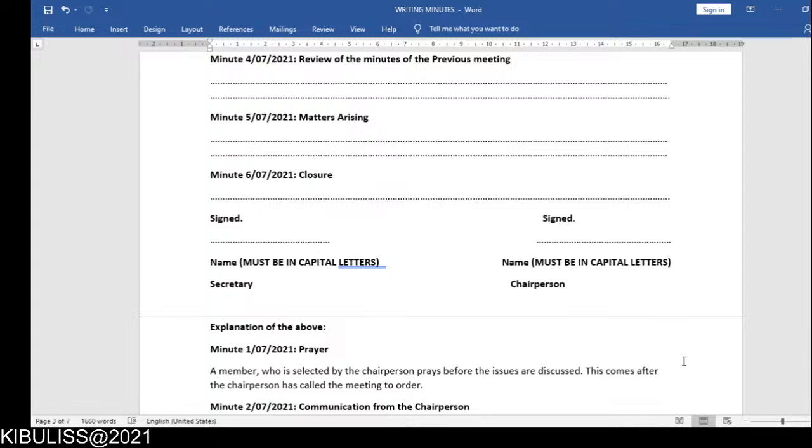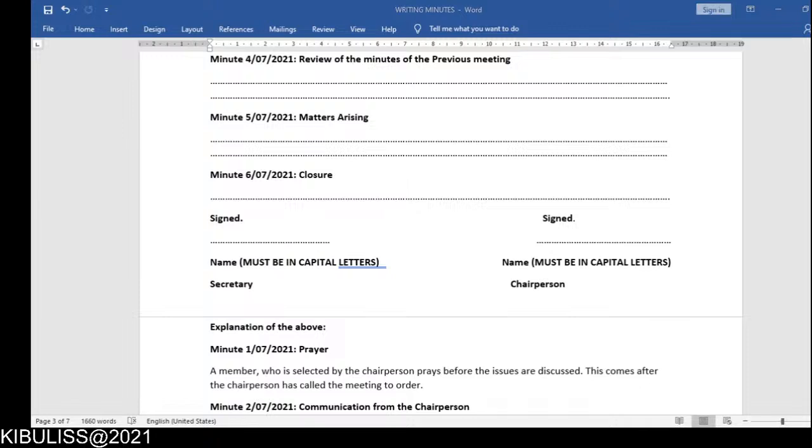So in the signature part, signature comes first. Remember I said if you cannot do it in calligraphic form, then probably use small letters. Never use capital letters for signature in any item that you're writing. Then under the signature, we have the name. It is not name first, then signature.